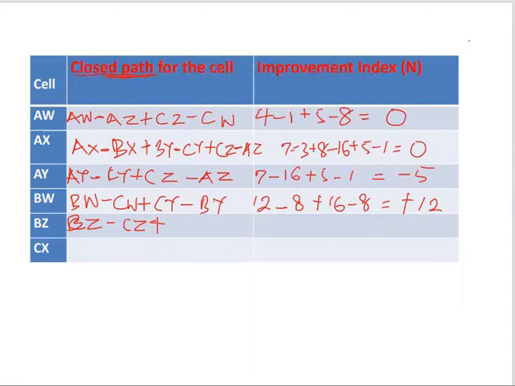BZ minus CZ plus CY minus BY. So what would that give us? You have 8 minus 5 plus 16 minus 8. That's plus 11, right? Yes.